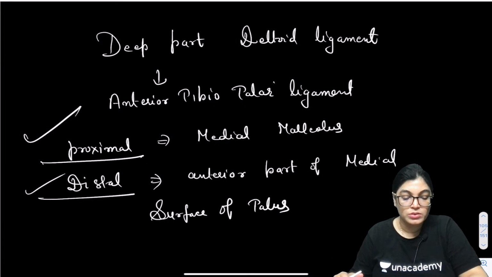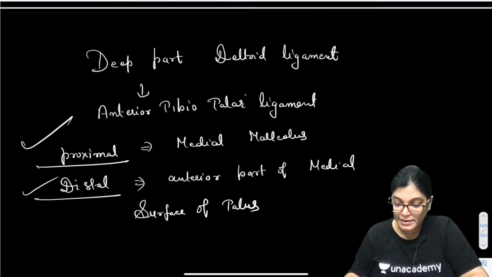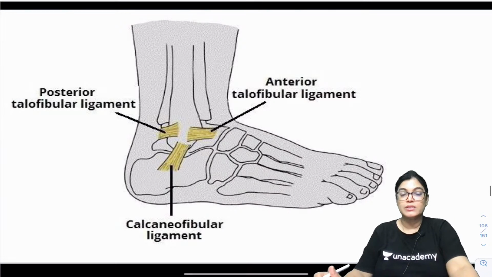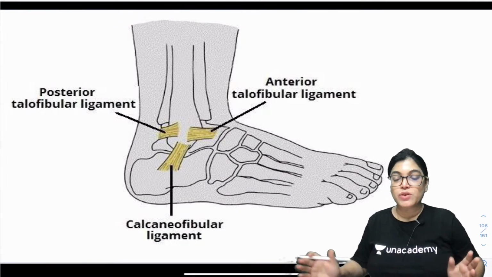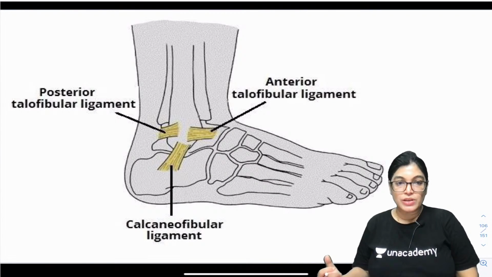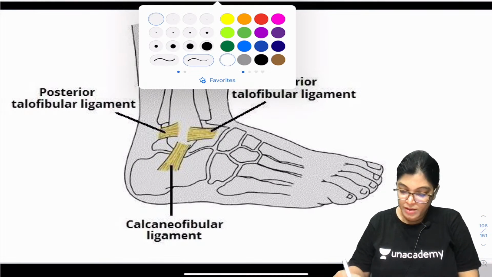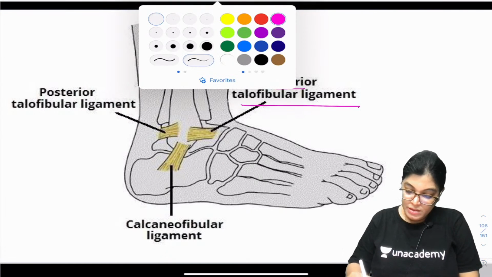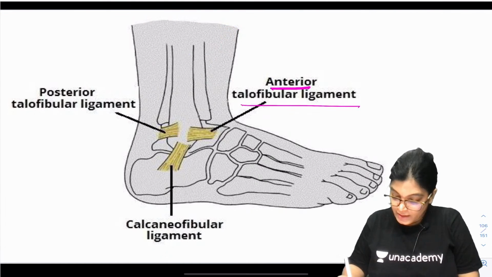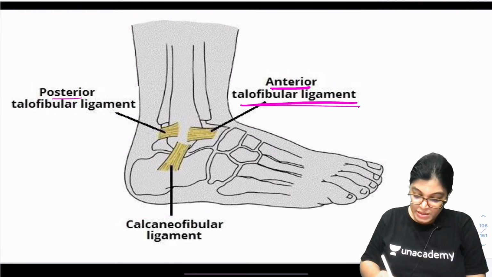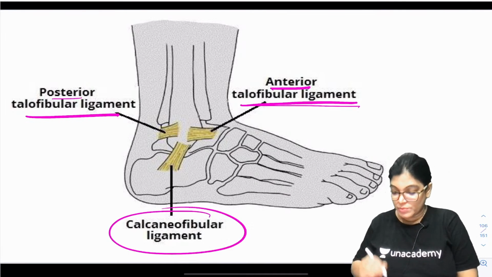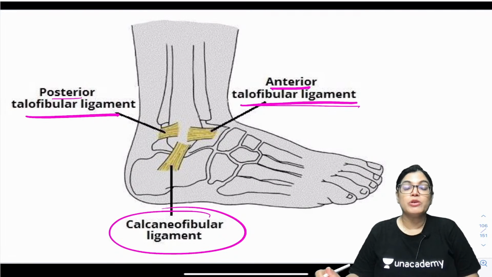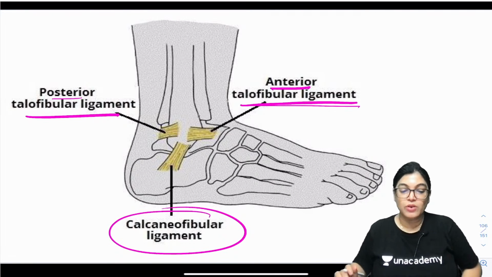Thereafter, let us move on to the ligament attached to the lateral aspect, the lateral ligament. I would like to show you a diagram where you can clearly see its parts: anterior talofibular, posterior talofibular and calcaneofibular.